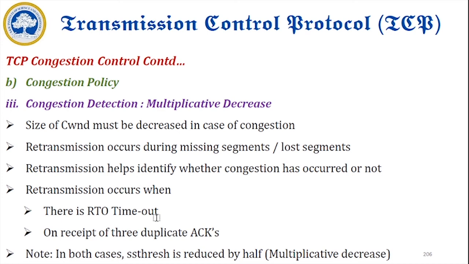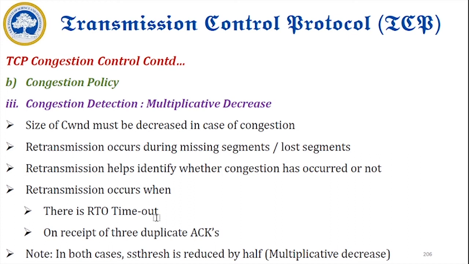The only way that the sender can guess that the congestion has occurred is the need to retransmit a segment, right? So the sender can guess whether the congestion has happened only by looking at the segment which has got retransmitted. Retransmission is required in order to recover the missing packet which is assumed to have been dropped.